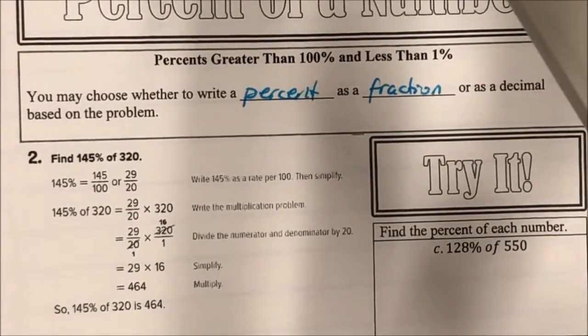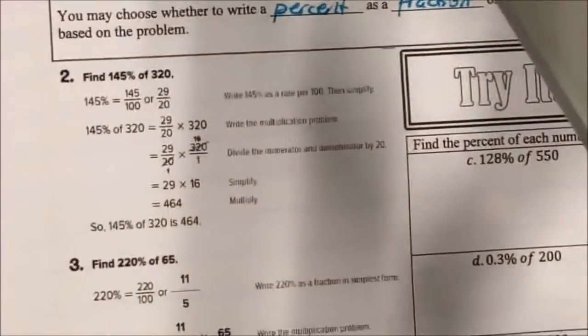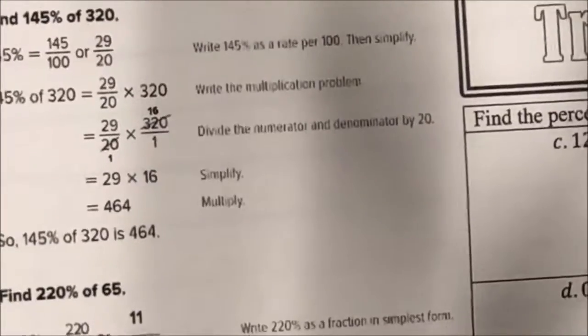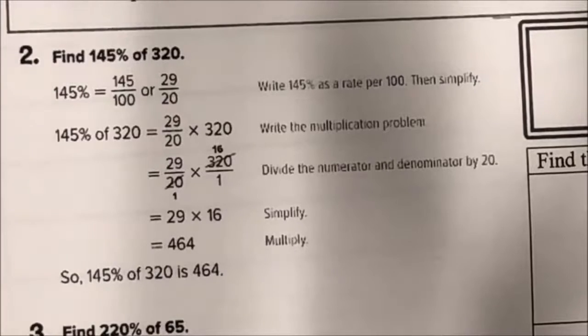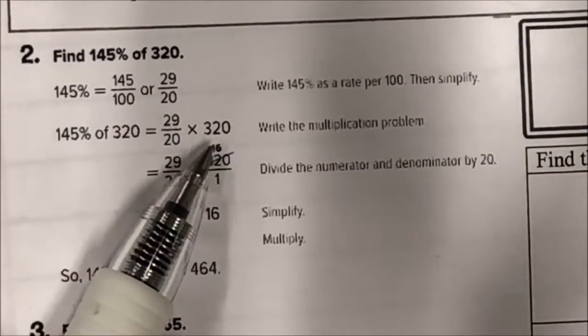Let's look at some examples. Example number 2 says find 145% of 320. So 145% is 145 over 100, or I can simplify it to 29 over 20. 145% of, remember of means multiply, so I'm multiplying 29/20ths times 320.